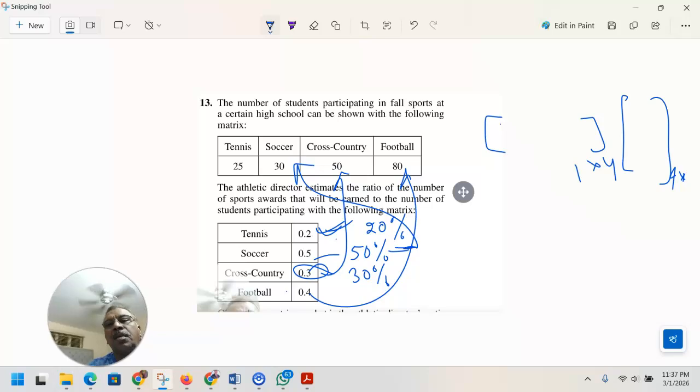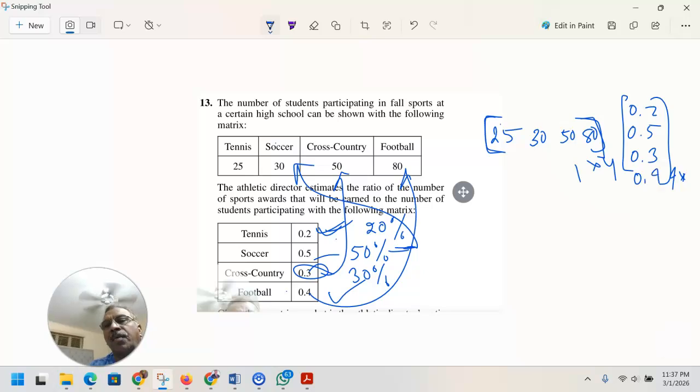And so all you're supposed to do is there are two metrics here. The numbers written are 25, 30, 50, and 80. And the other metric is 0.2, 0.5, 0.3 and 0.4. All you do is multiply this and this.